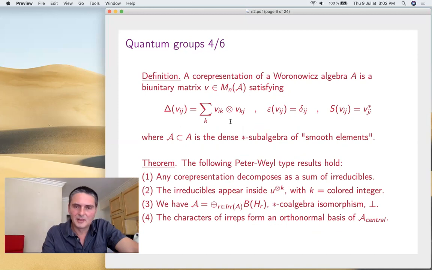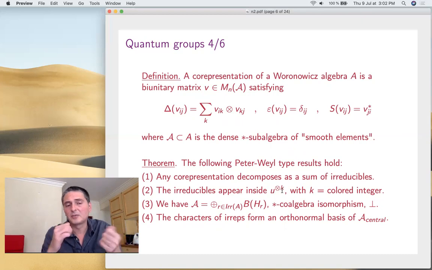Now, the problem is that I should have put this before the slide, but not really. Let's see what this slide says: you have a Peter-Weyl theory for co-representations. More precisely, any of them decomposes as a sum of irreducibles. The irreducibles appear inside the tensor products of the fundamental one, with the remark that U doesn't commute with U bar, so you have all kinds of non-commuting tensor products between U and U bar.